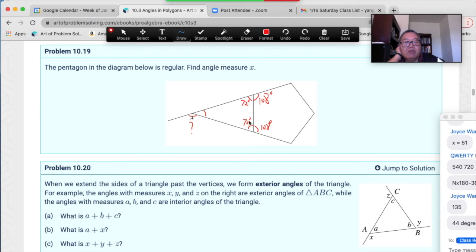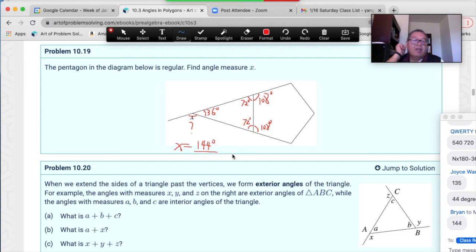So 72 plus 72, that's 144. So that means this one equals 36 degrees, right? This one equals 36 because 144 plus 36 is 180. So that means x equals 144 degrees. Okay, x equals 144 degrees.